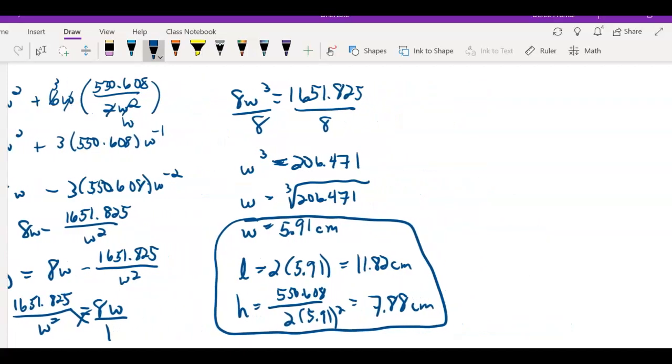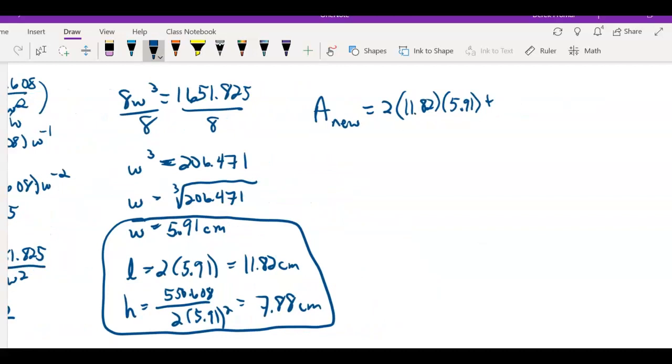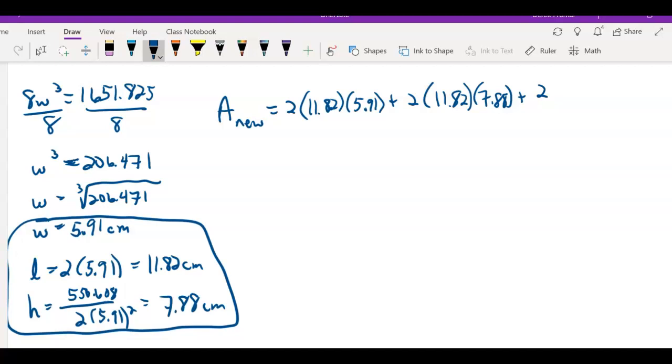Well, my new surface area is going to be 2 times the length times the width plus 2 times the length times the height plus 2 times the width times the height.